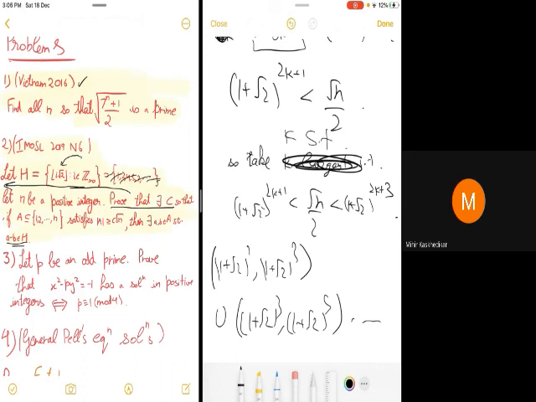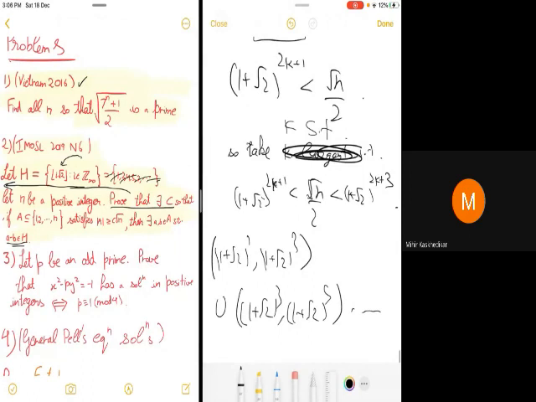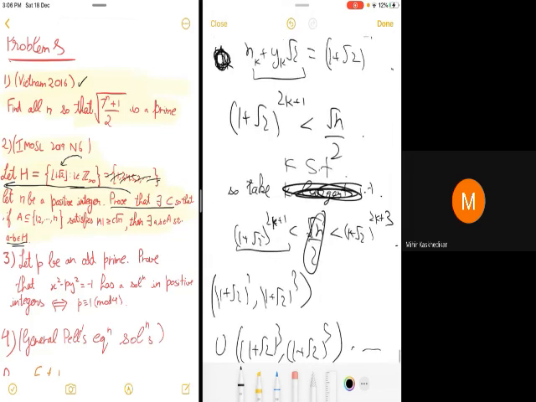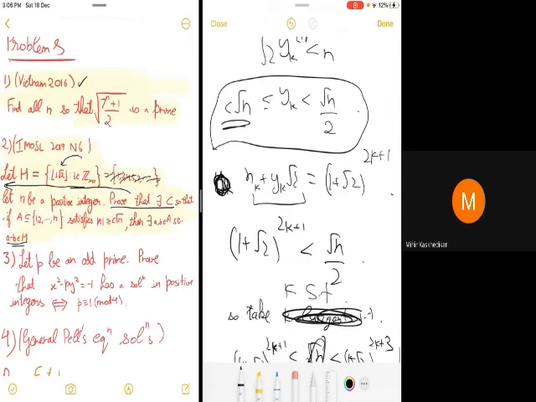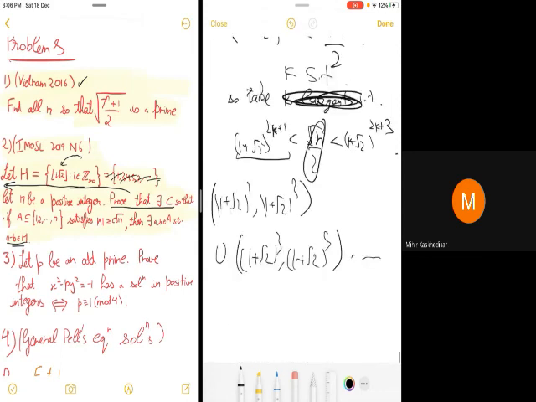So for root n over 2 there exists a unique interval in which this belongs, which corresponds to a unique such k. And now we just want a lower bound of the form c root n on yk, which is found by this.